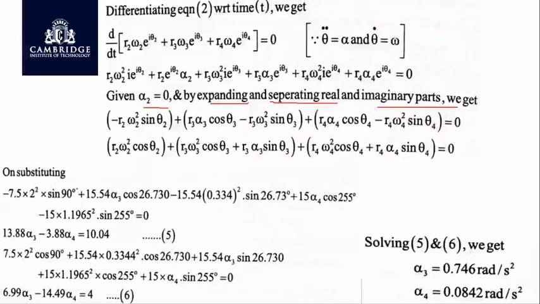Then on substituting the values which are known, we do the calculation using a calculator. In these equations, the unknowns are alpha 3 and alpha 4. Here also we have two equations and two unknowns. So solving for alpha 3 and alpha 4, we get the angular accelerations, that is 0.746 and 0.00842 radians per second squared.